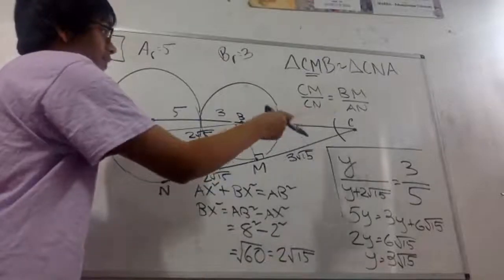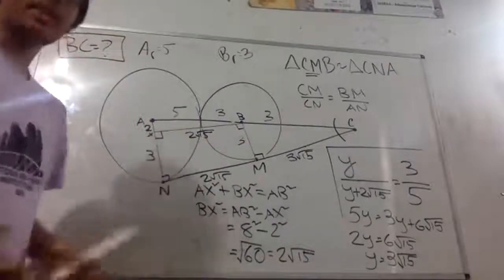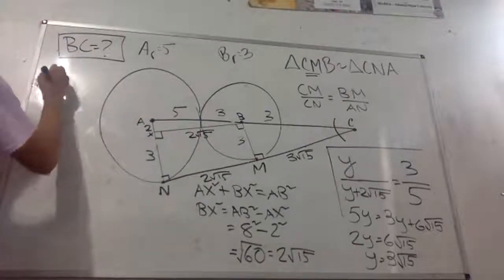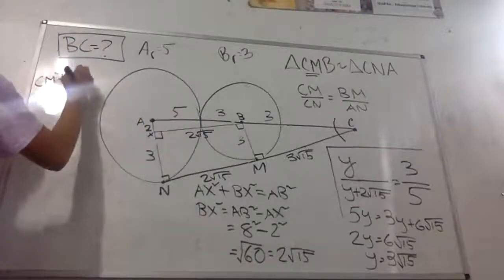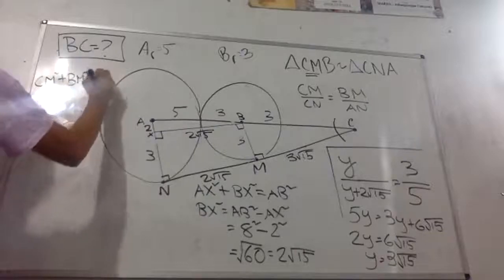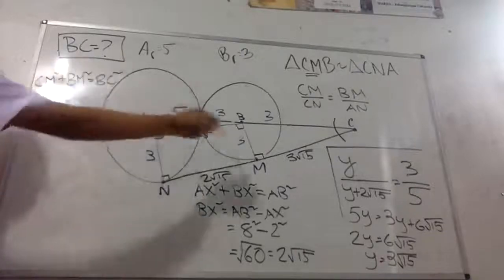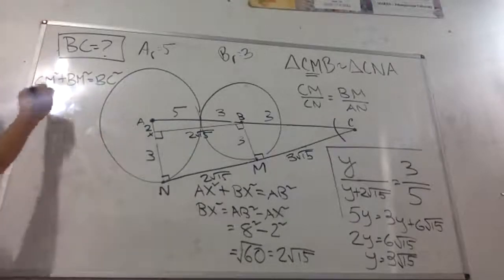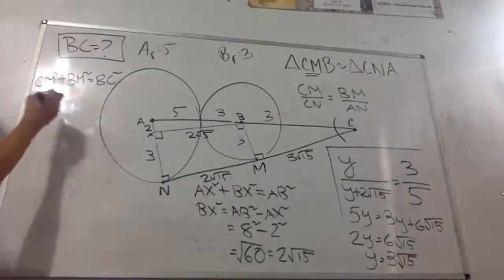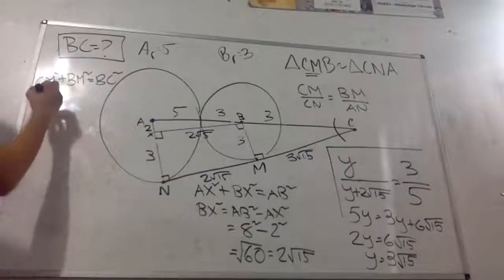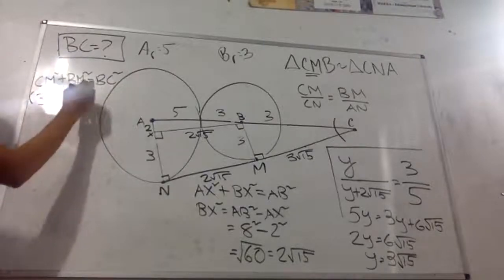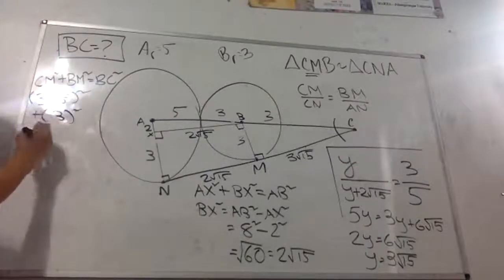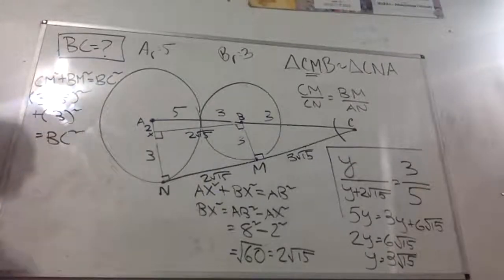So we can simply find BC right now using the Pythagorean theorem. So we know that CM squared plus BM squared equals BC squared. We know that CM is going to be 3 root 15. So 3 root 15 squared plus BM, which is 3 squared, is equal to BC squared.